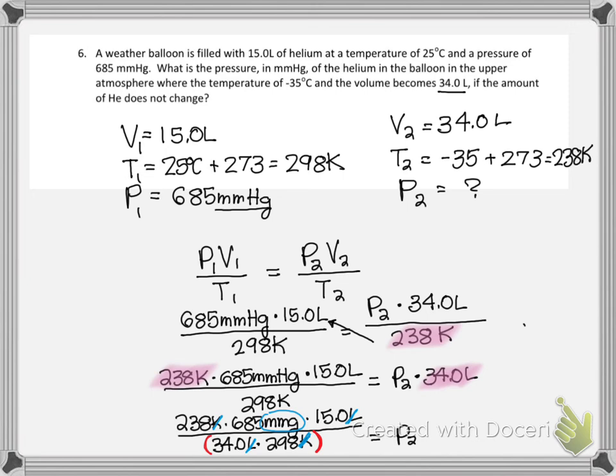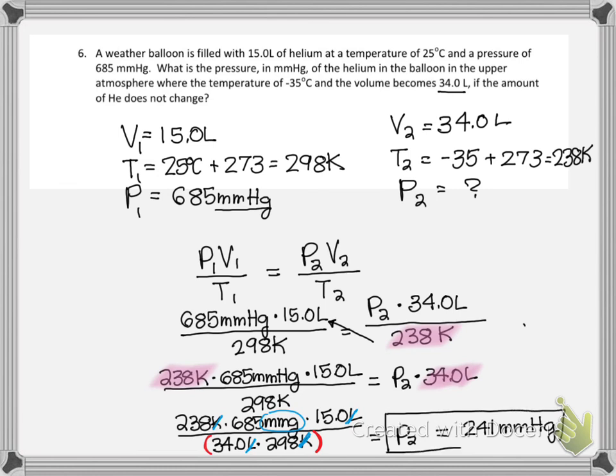Then I'm going to divide that by, in parentheses, 34 times 298, and close my parentheses. And I get as my answer for my pressure 241.35. So to three significant figures, I'd say 241 millimeters of mercury.